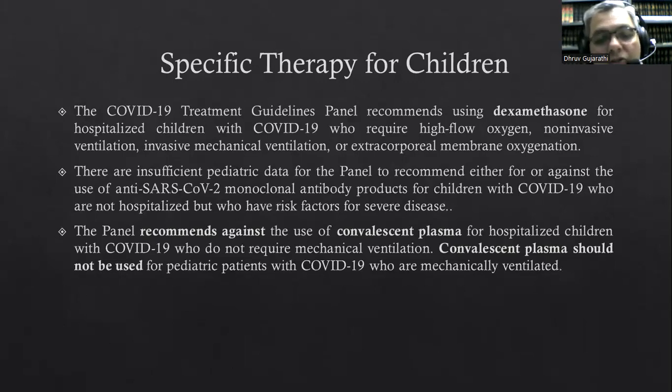Usage of steroids. Dexamethasone should be used in all children with COVID-19 who require or who are on oxygen support, or who are on non-invasive ventilation or on invasive mechanical ventilation or on ECMO.